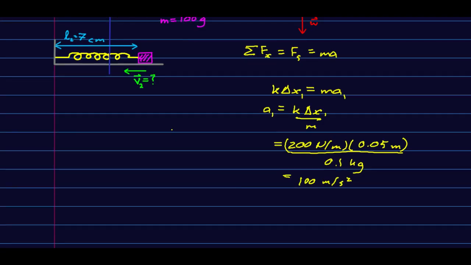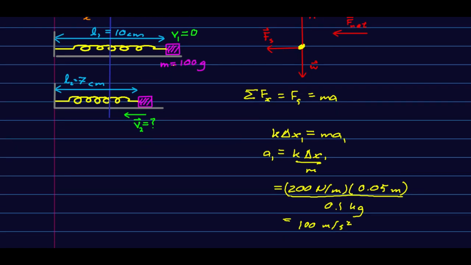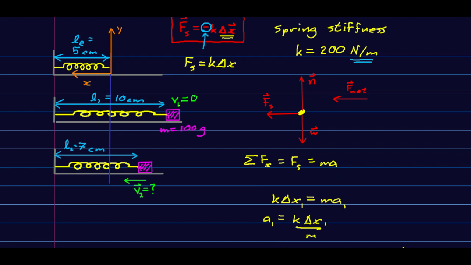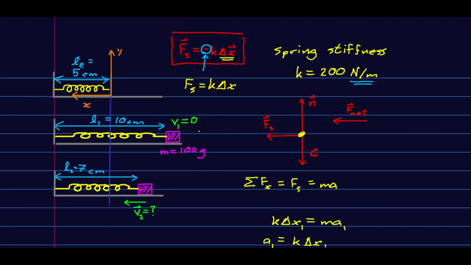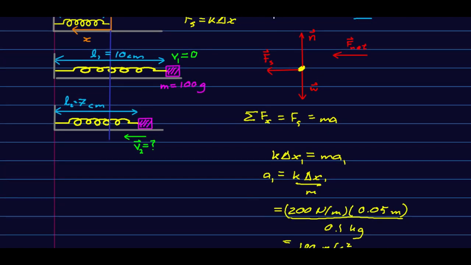And now, notice what will happen if we want to know this v. Well, the thing is, we can't use UAM because as the spring pulls in, it's less and less stretched, and this force changes, and so we'll have a non-uniform acceleration. And you might think, well, what if we draw an F versus t graph?